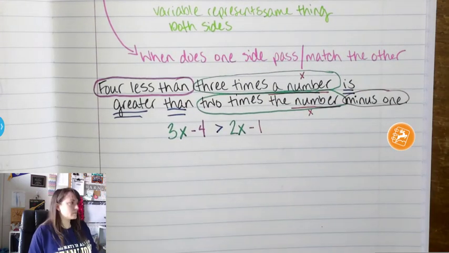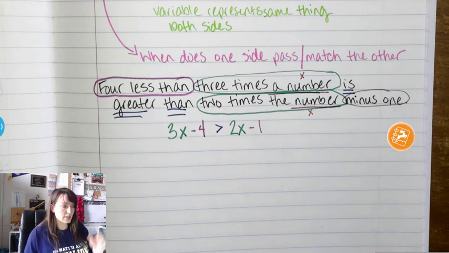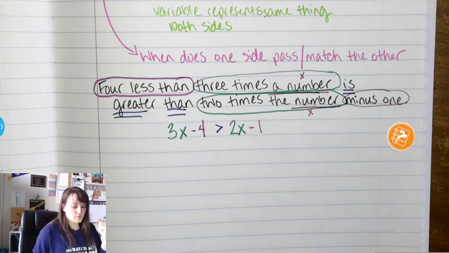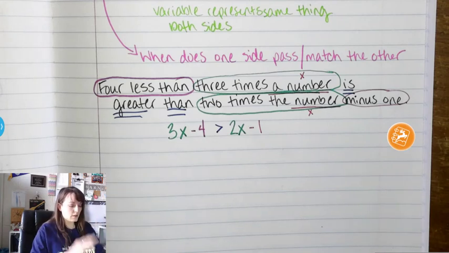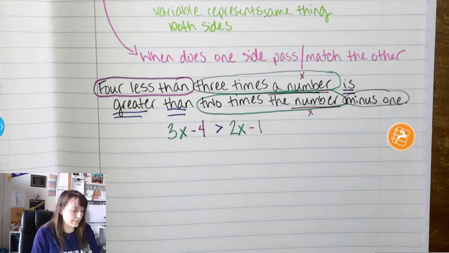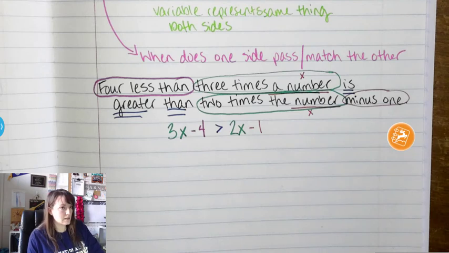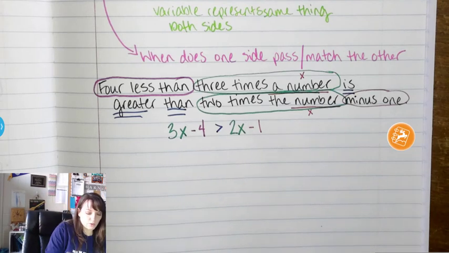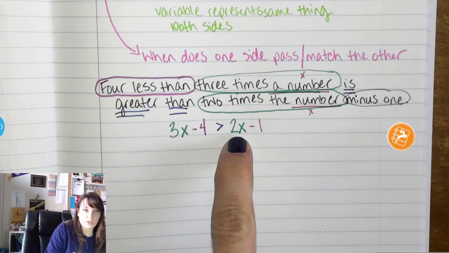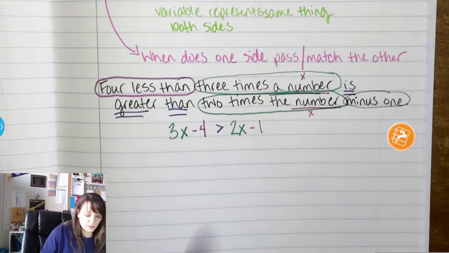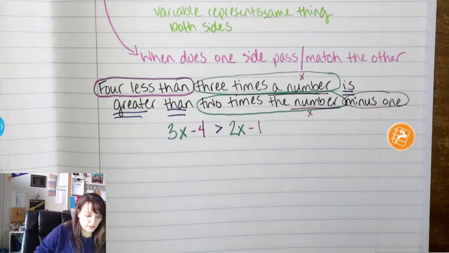Now I solve. We solve it just like an equation. So, which side would you like to keep your variable on? Left or right? Okay, so I need to get rid of this 2x. How does one get rid of a 2x?